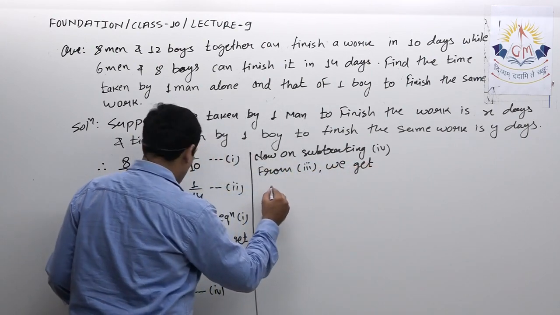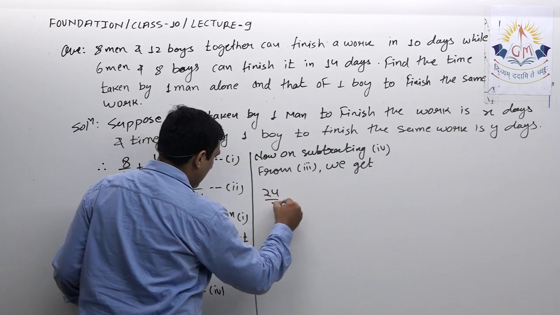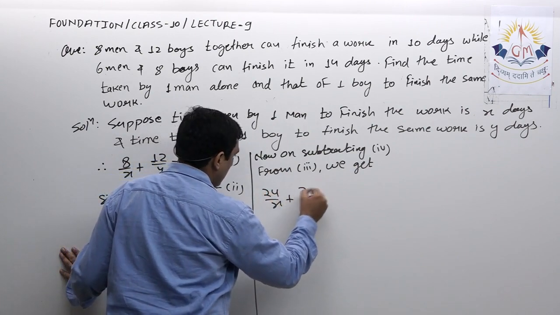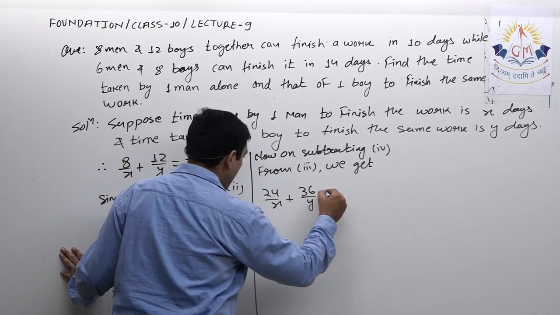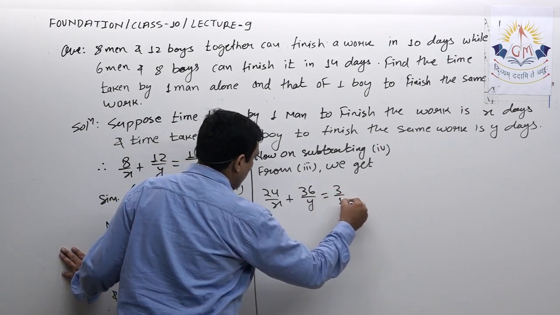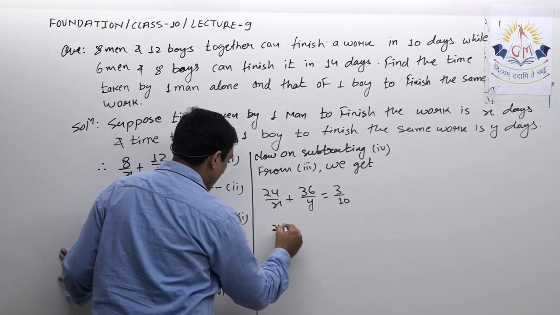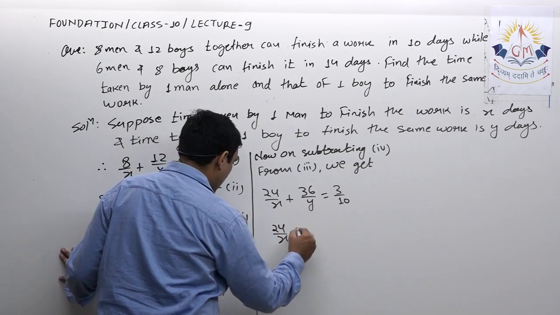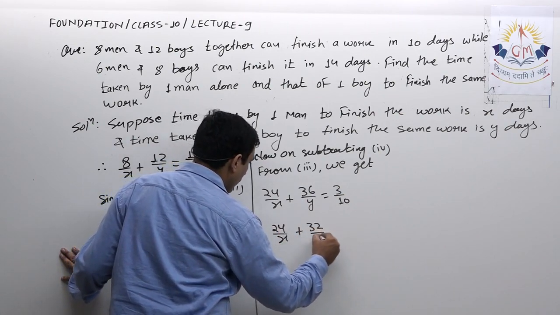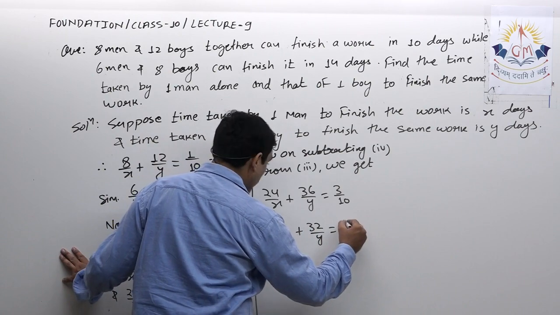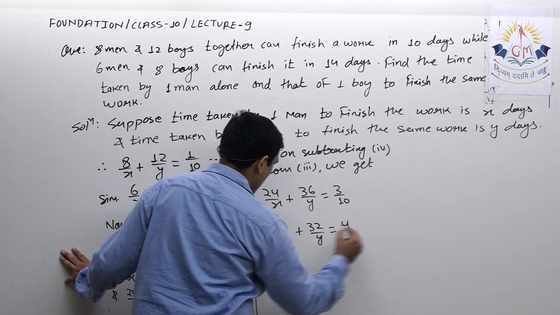I have 24 upon x plus 36 upon y is equal to 3 upon 10. Over here I have 24 upon x plus 32 upon y is equal to 4 upon 14.